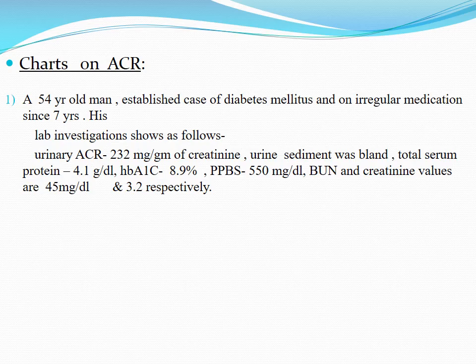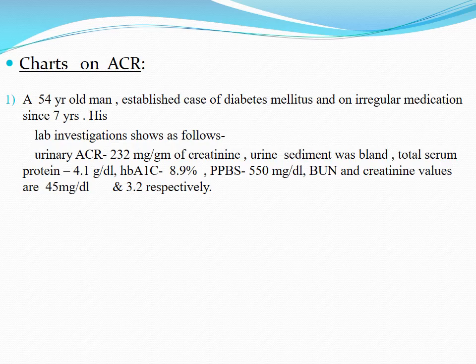His lab investigation shows as follows: urinary ACR 232 mg per gram of creatinine, urinary sediment bland, total serum protein 4.1, that means it is very low, normal is 6 to 8 gram per deciliter, HbA1C 8.9, it is higher, PPBS 550, definitely much more, diabetic range, BUN and creatinine values 45 and 3.2, so both are really increased.